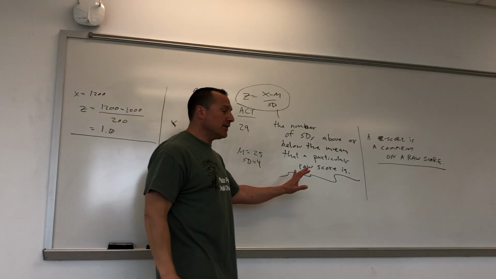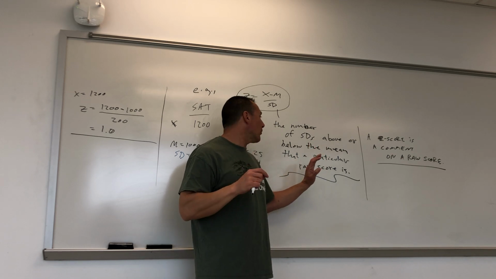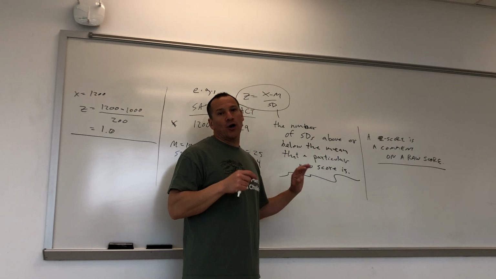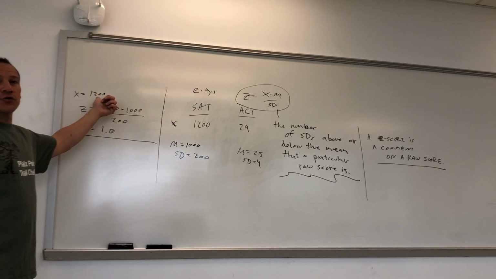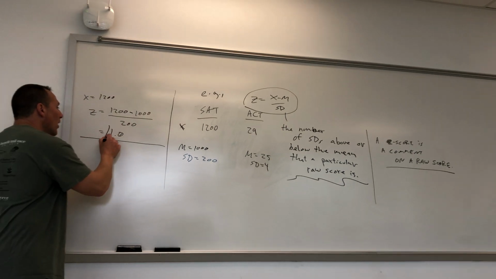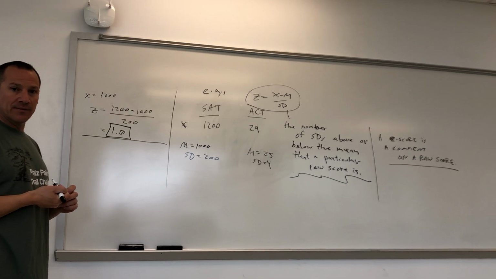What does z mean? It is the number of standard deviations above or below the mean that a particular raw score is. So this particular raw score of 1200 is 1 standard deviation above the mean.